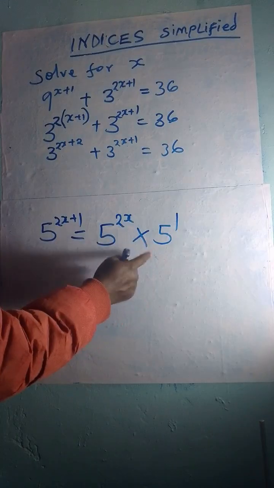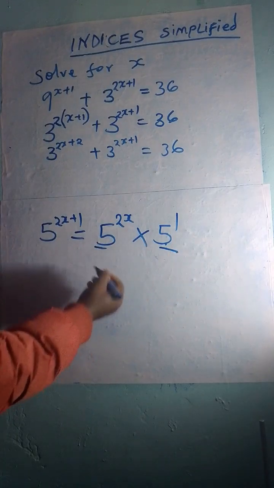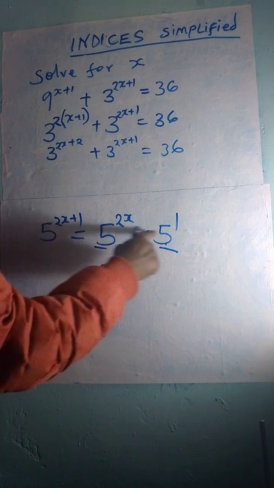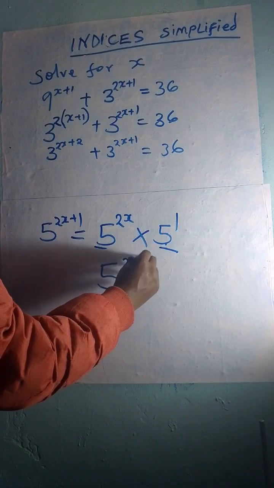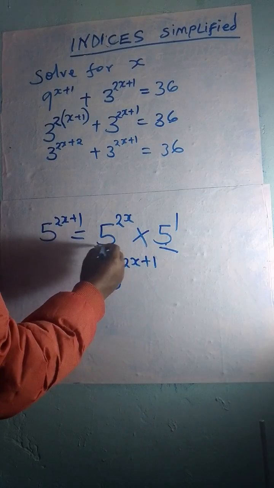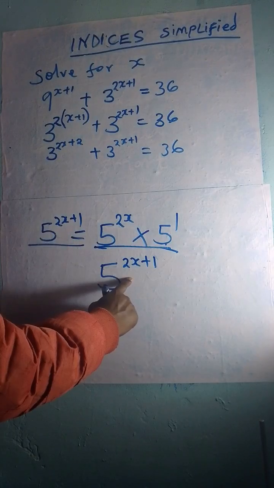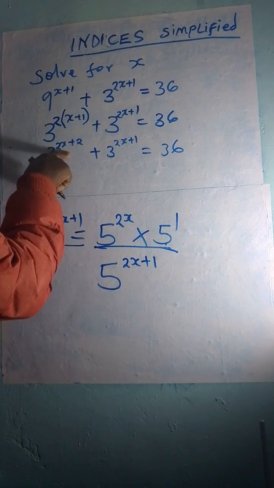Because when it is multiplication, the bases are the same. Therefore, you take one base, which is 5, and you add the indices, that is 2x plus 1. So this and this are the same. Therefore, you need to understand that. Now, can you convert this one into this form?